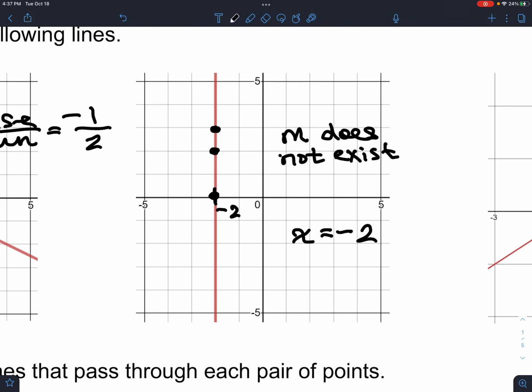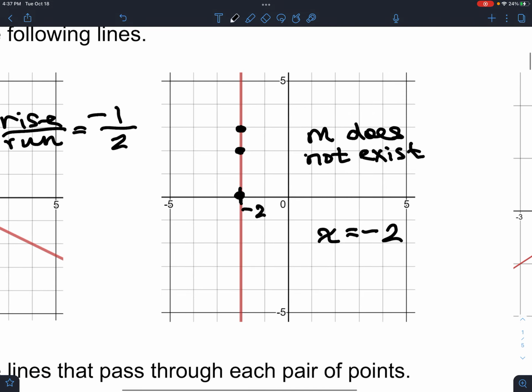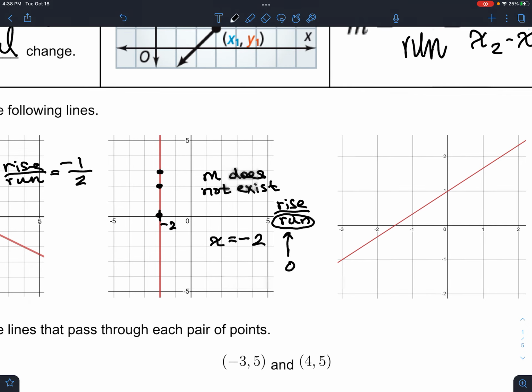One of which is it doesn't run at all. Like if you just look at rise over run, the run is 0. So you can't divide by 0. It just doesn't exist. So slope doesn't really quite apply to this line. You could say it has an infinite slope as well.